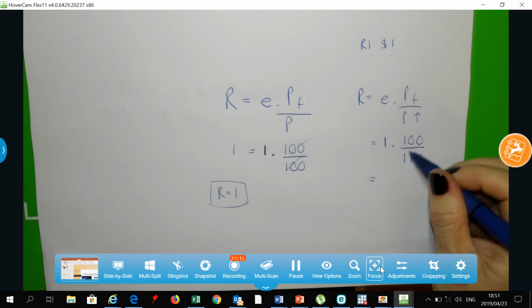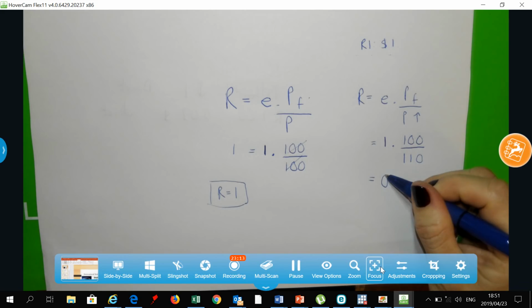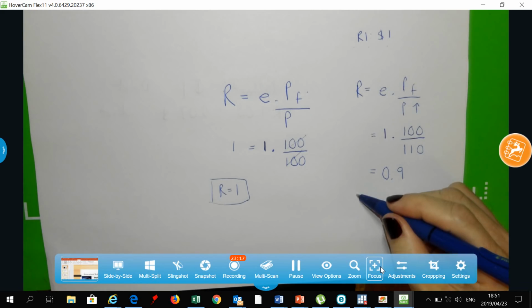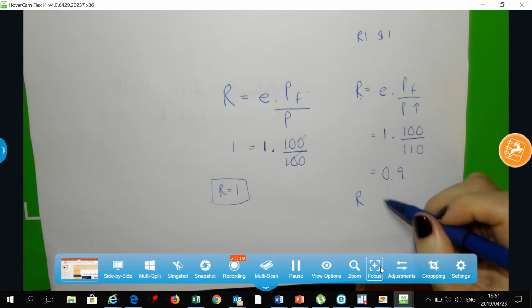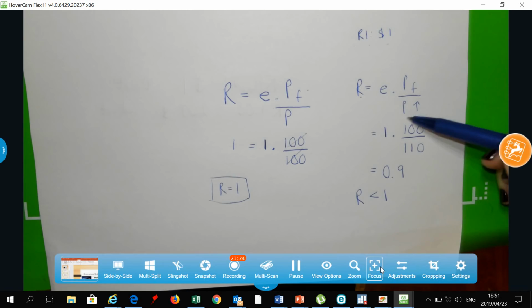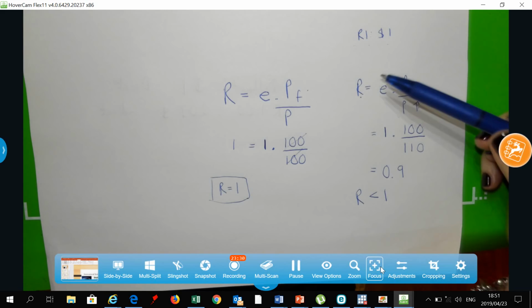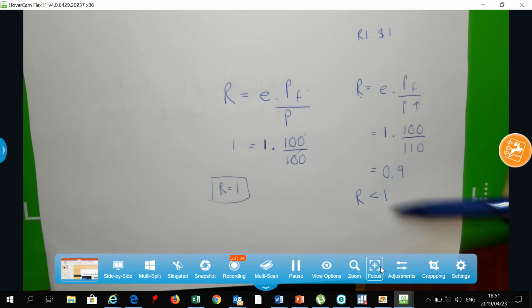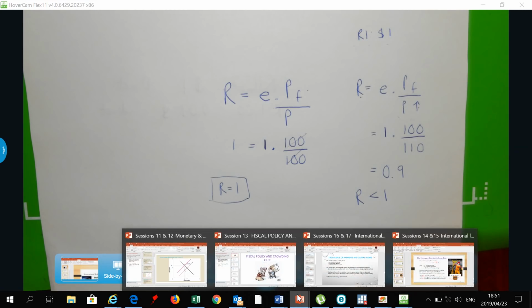If you divide this out, you're going to get 0.9, roughly. So R, your real exchange rate, is now below 1. It shows you that when the South African price index rises, the real exchange rate is below 1. Okay, let's go back to the slides to interpret that.